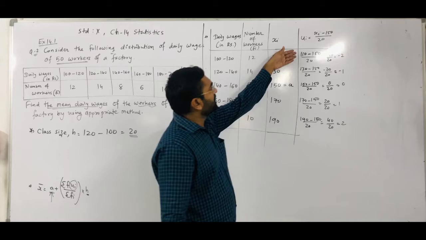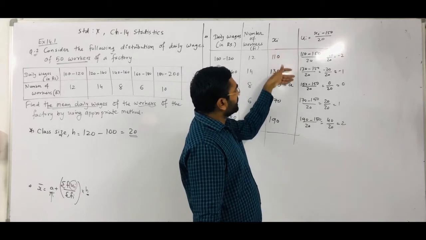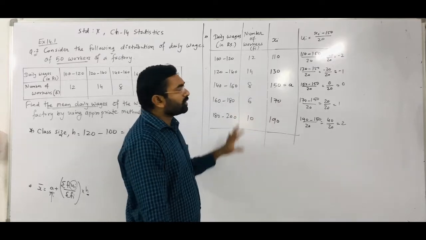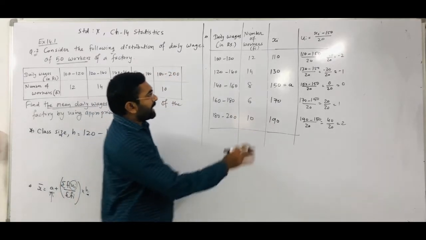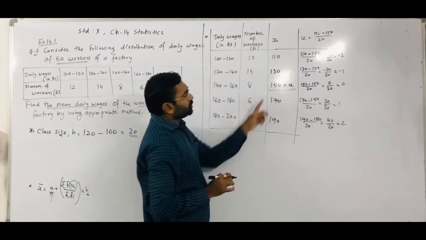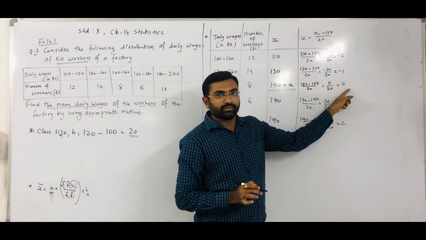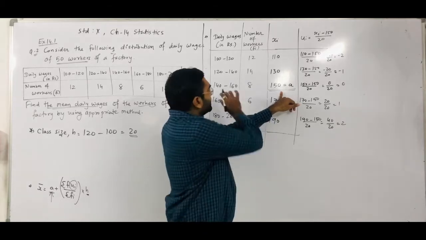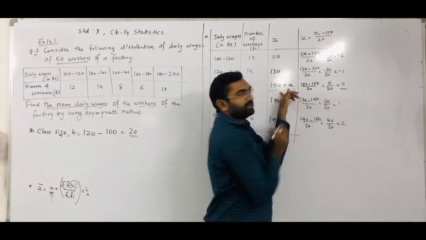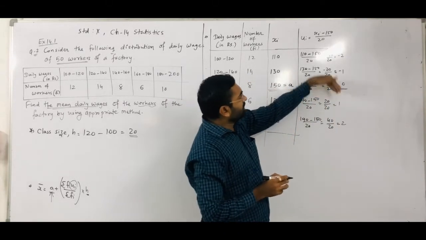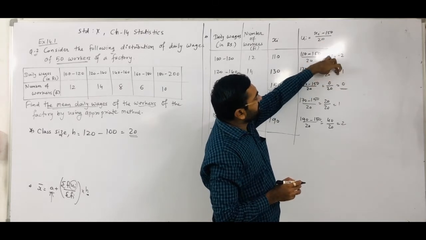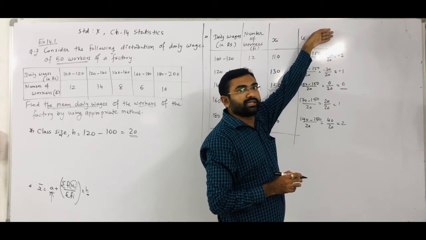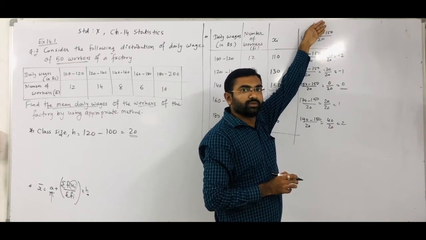That's why here I write how we get the ui and I represent all the calculation of the ui. Otherwise, what you have to remember? After assuming the a, its ui value you have to directly write 0. After assuming the a, that class ui value is 0. And on the above classes, you have to write the negative values minus 1, minus 2. Suppose another next class is there, that is minus 3, minus 4.